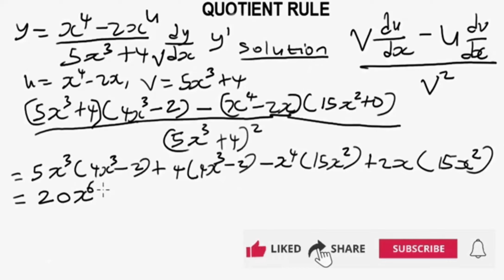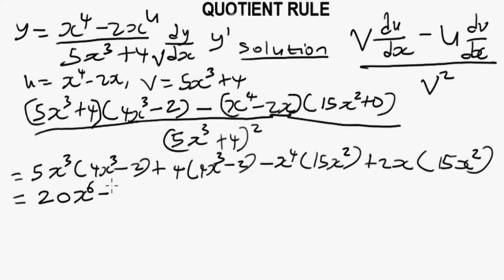Then 5x^3 times minus 2 is minus 10x^3. Plus 4 times 4x^3, we have 16x^3, and 4 times minus 2 is minus 8.